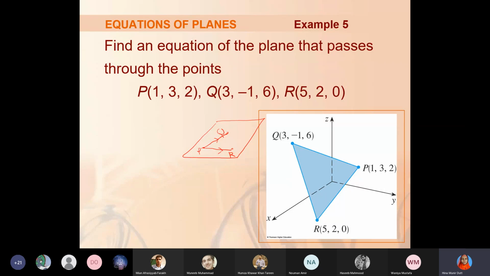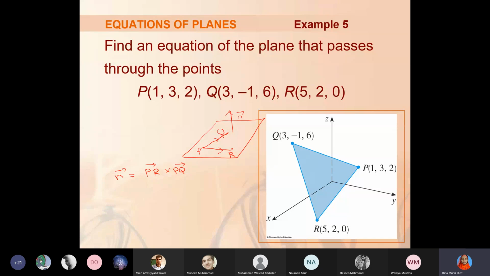So I can determine the vector n by taking the cross product of these 2 vectors. I can take PR, PQ, or QR or RQ or RP, but I have to involve all the 3 points for the formation of these 2 vectors.